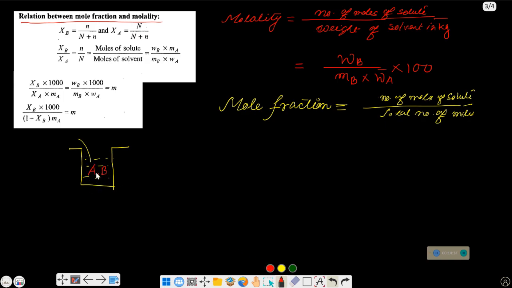Now if WA is the weight of the solute, suppose this is your solute and this is your solvent, okay, and WB is the weight of the solvent, and MA is the molecular weight of the solute and suppose MB is the molecular weight of the solvent.